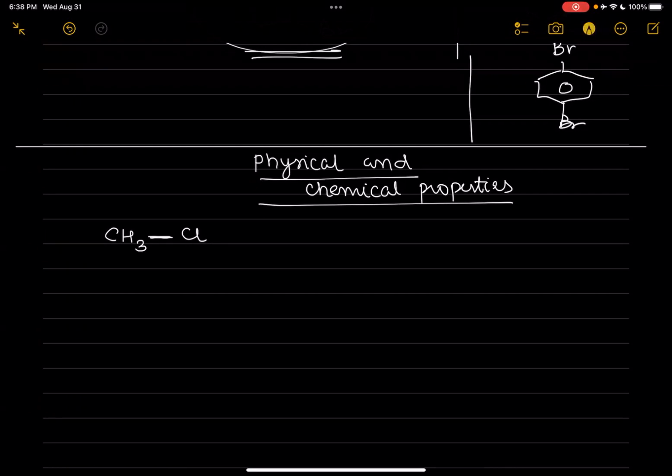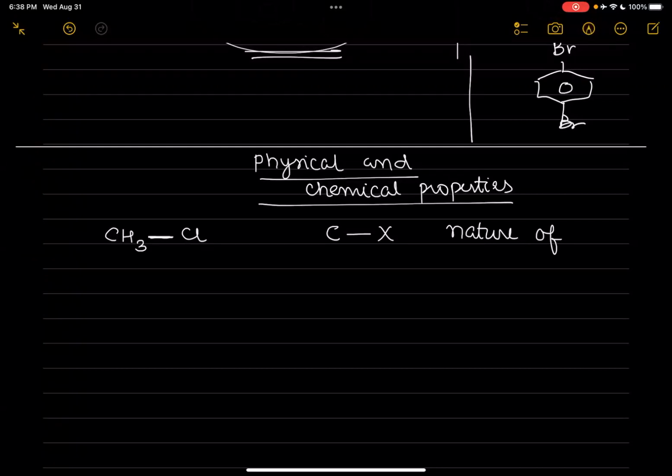Okay. So can you tell me what this bond is? Anushka, anything, or Imad, Arpit? Single bond? Carbon chlorine bond. Yeah, what nature will it have? It is a single bond.